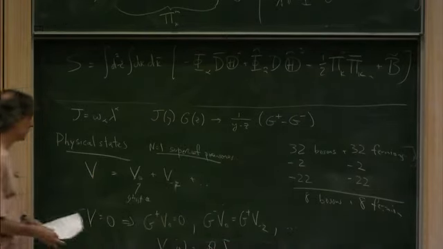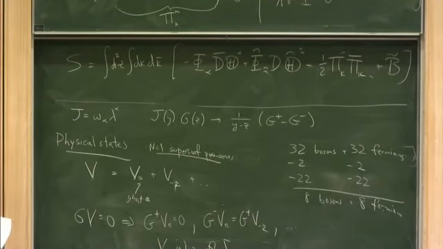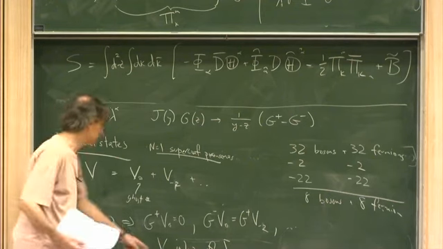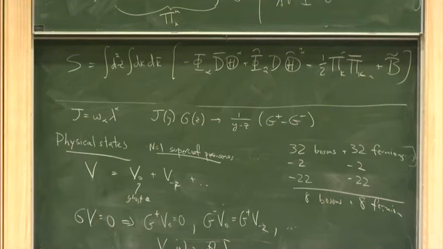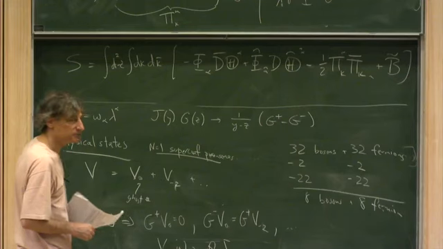So it will turn out that when we compute tree amplitudes, the only contribution will come from V0. And the vertex operators should be independent of lambda bar, just like this vertex operator is independent of lambda bar. And G plus and G minus have different ghost numbers. Yes, because they have different U1 charge.